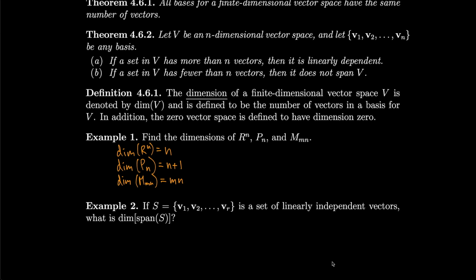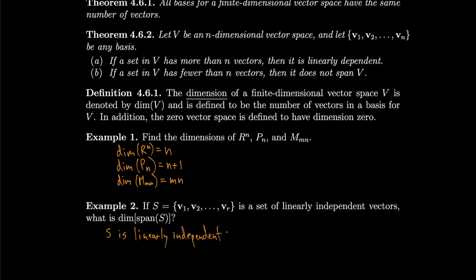If S equals V1 through Vr is a set of linearly independent vectors, what is the dimension of the span of S? Well, we know that S is linearly independent, right?